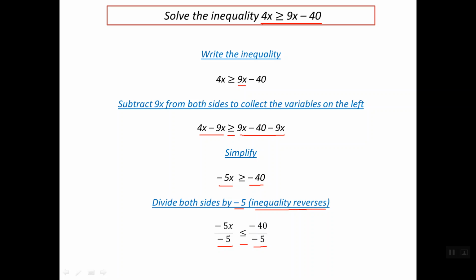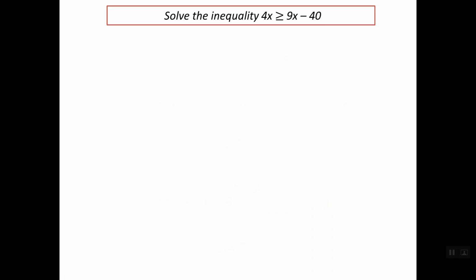So we can simply now simplify. For the left side we have x alone, and for the right side we have the number 8. So this is the solution for this inequality.